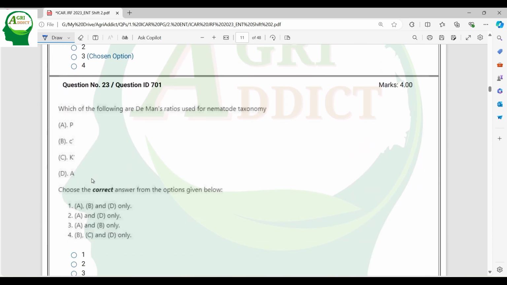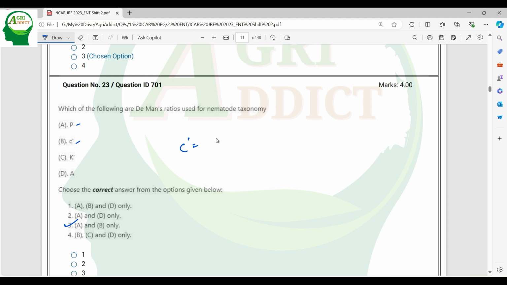Easy question. Then which of the following are De Man's ratios used for nematode taxonomy? So actually in the answer key, answer was given as 3, that is A and B only, that is P and C dash, but I don't know what is P. I searched in Bajaj and Walia and other books and also internet, but I didn't find a suitable answer for this. But I know what is C dash, because C dash you can find it easily in Bajaj and Walia book, and it is also important.